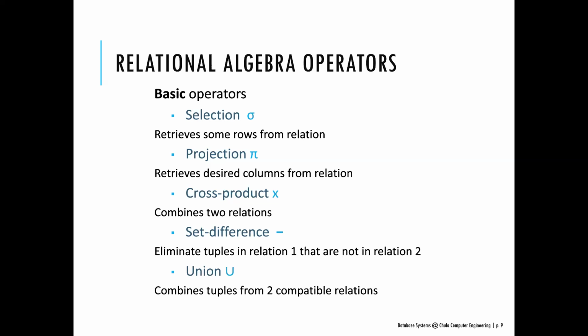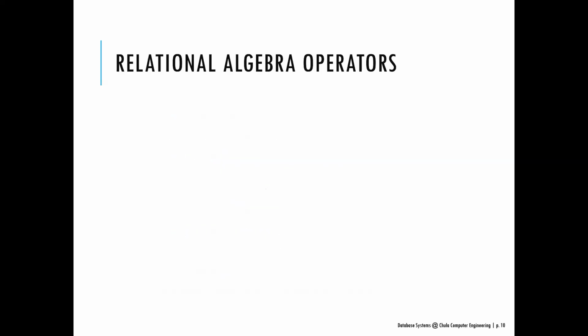So these five operators, selection, projection, cross product, set difference, and union, are called basic operators. The reason they are basic is that the rest of the operators actually use the basic operators and combine them to make up some calculations.